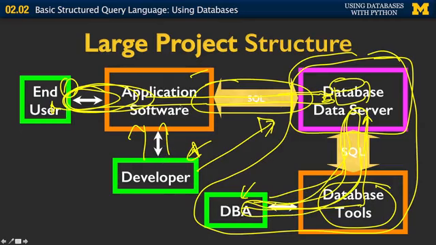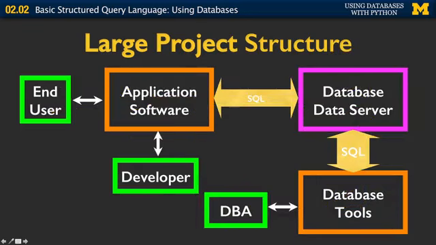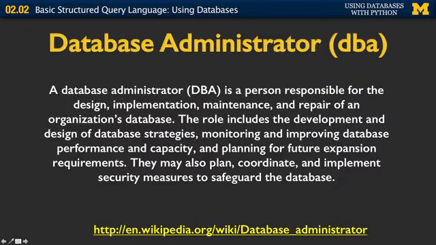Eventually we can write a new version of the application software. And so that's the split between the roles of developer and database administrator in large projects. The database administrator helps with the design and implementation, and often a database administrator is shared across a number of software projects.